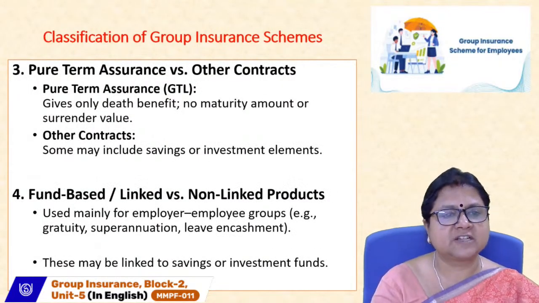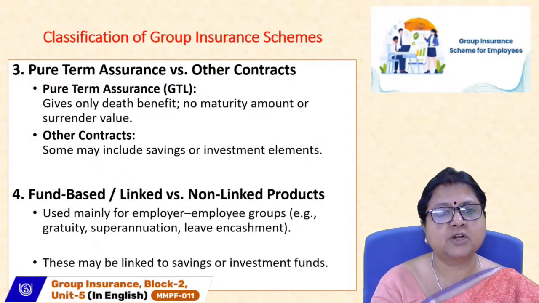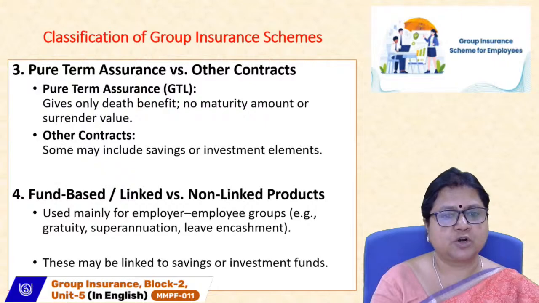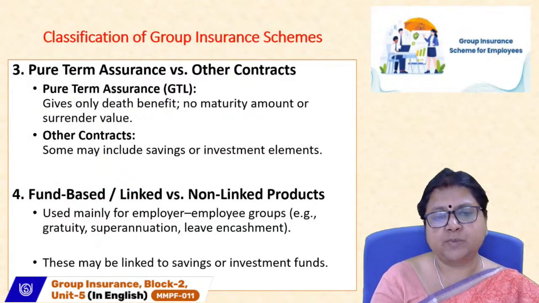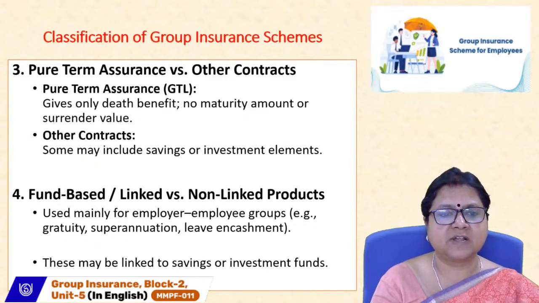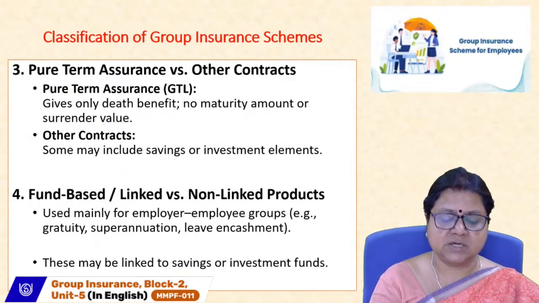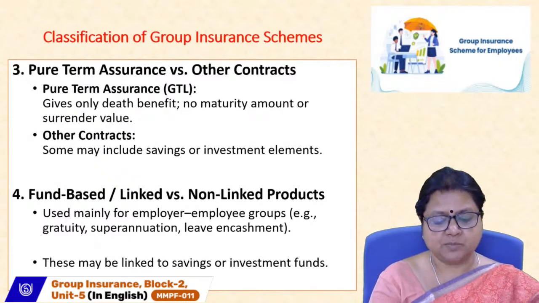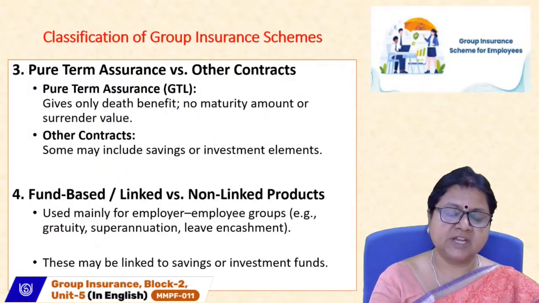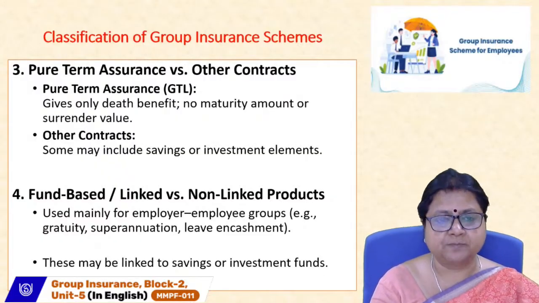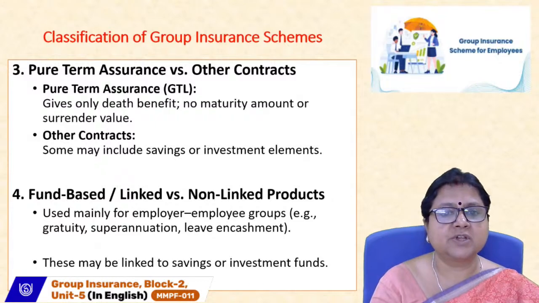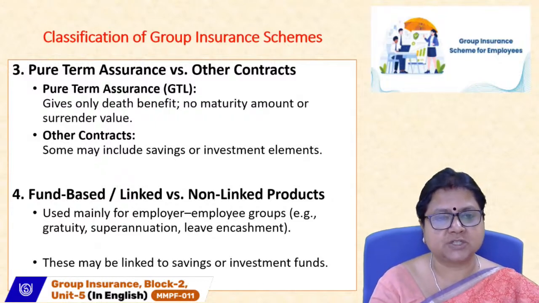There is another classification of group insurance schemes: pure term assurance versus other contracts. What is pure term assurance? This is the assurance which gives only the death benefit, with no maturity amount or surrender value. It usually happens in organizations where the employees have group insurance. Suppose a person dies in some mishap or accident within the factory while working, then the person is going to get the insurance coverage.